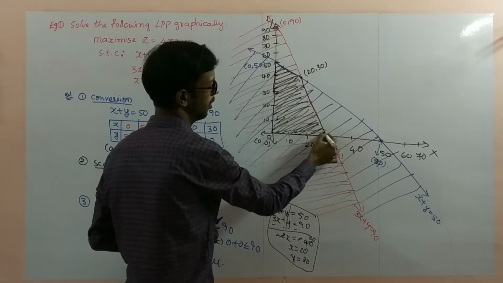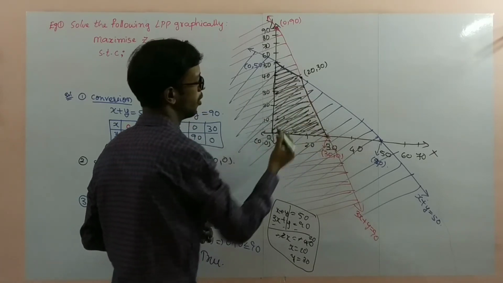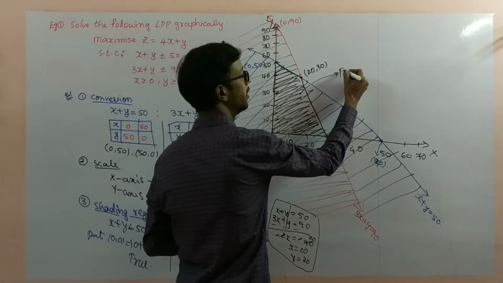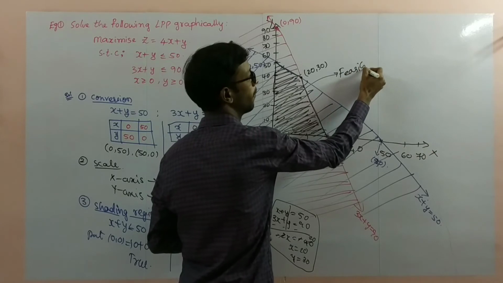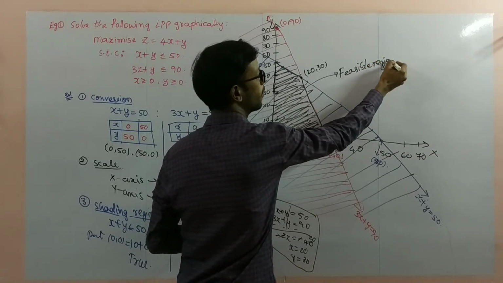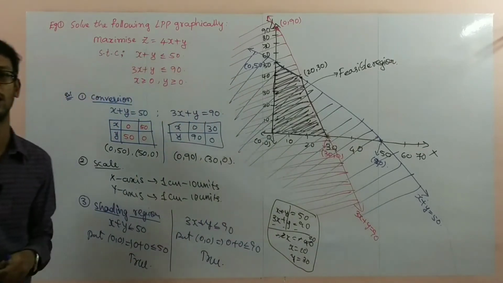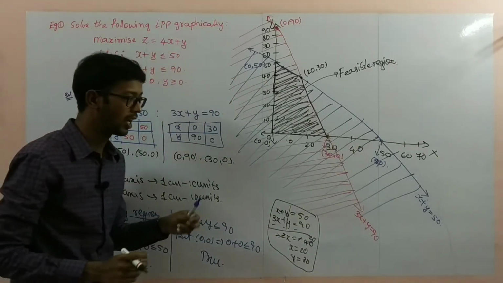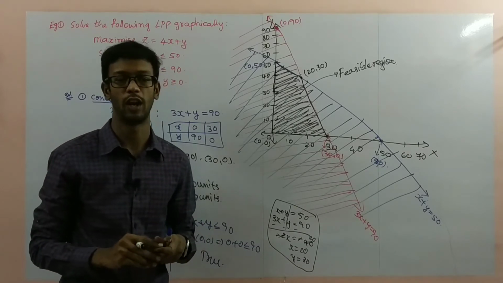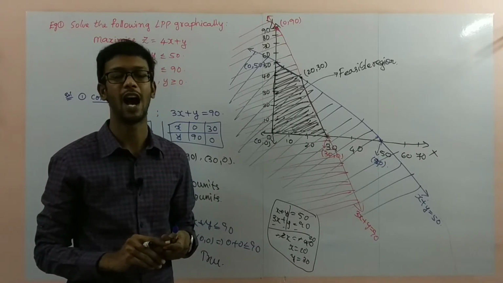This is the common region bounded by all the constraints. So this is called the feasible region.